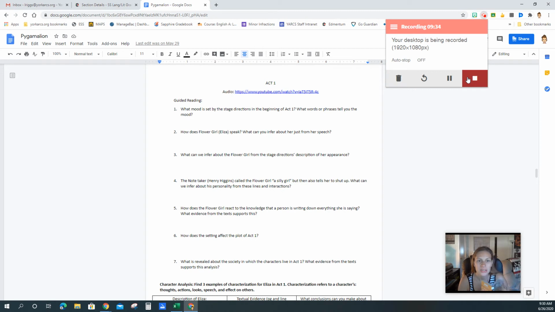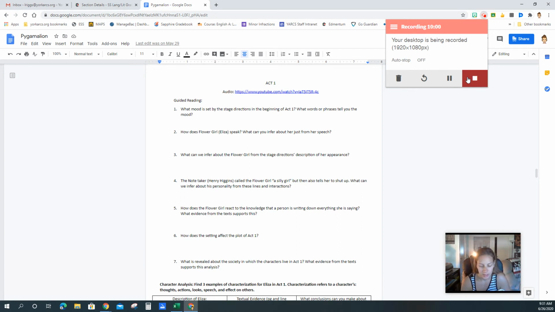So in your guided reading questions, it says, what mood is set by the stage direction at the beginning of Act 1? We know that stage directions are set apart by italics, on what is my page 12, the 3rd page of the text.